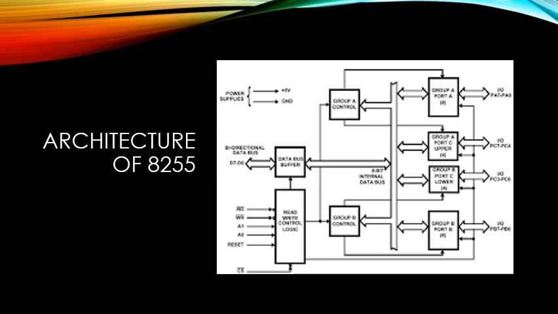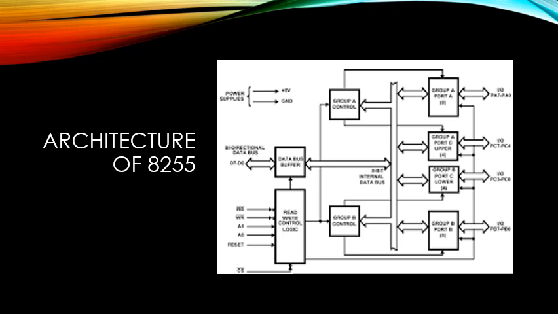The upper part PC4 to PC7 is connected to Group A control. Group B control has the port B pins and also the port C lower pins, PC0 to PC3. All the ports are bidirectional, so data can flow in both directions.